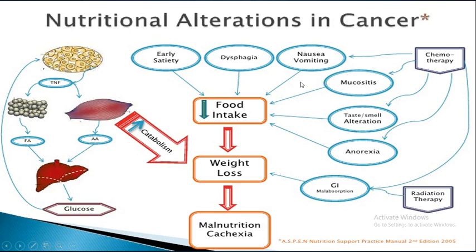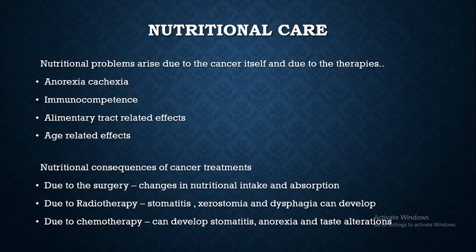So what do these side effects lead to? Less food intake. Less food intake leads to weight loss, which leads to malnutrition or cachexia. At the same time, the increased catabolism rate also directly leads to weight loss, and that leads to malnutrition and cachexia. Right.